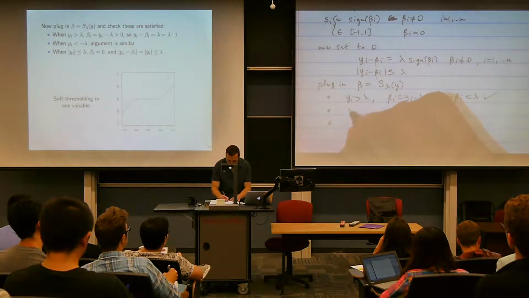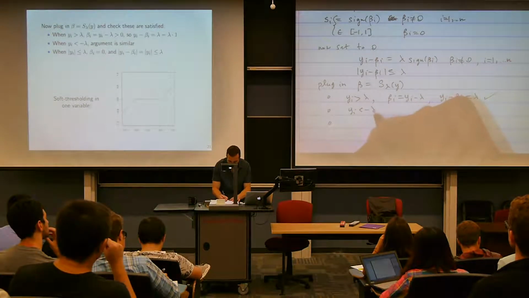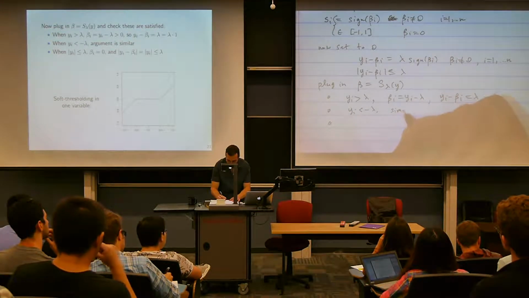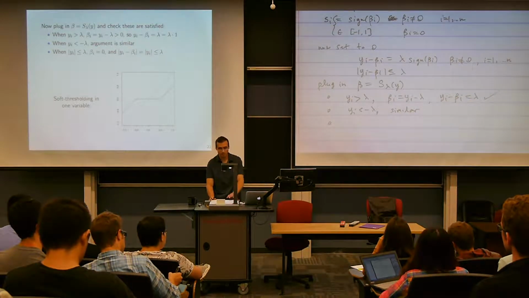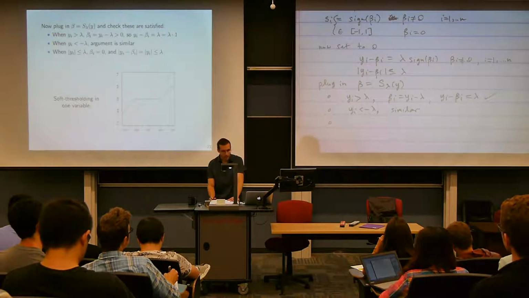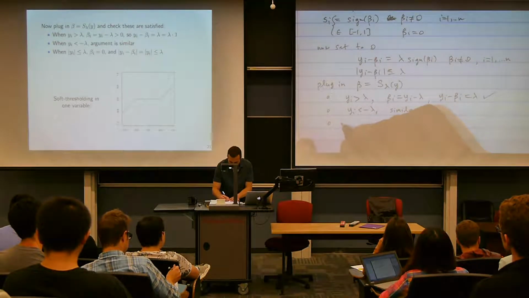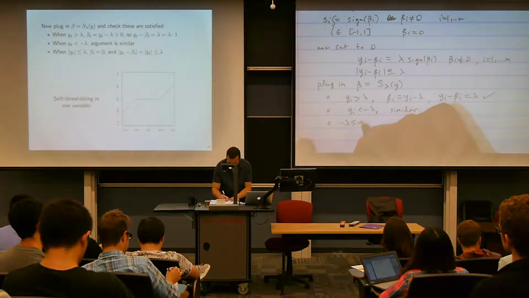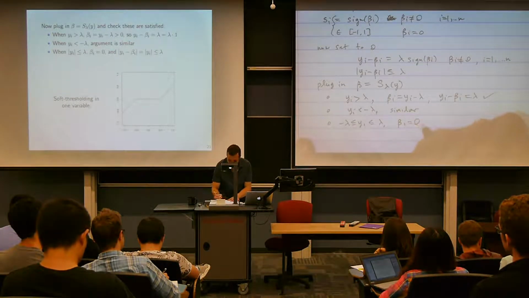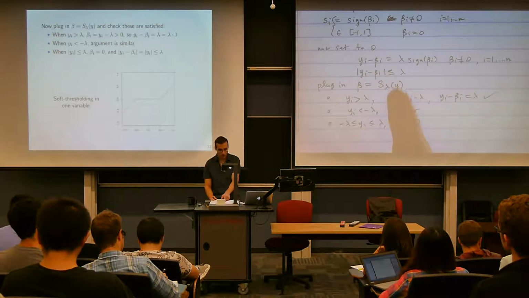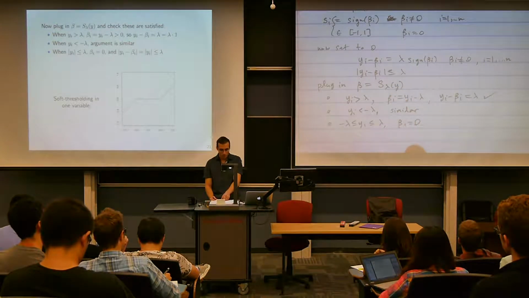When yi is less than minus lambda, I'll just say it's similar. A similar argument gives you the same check holding. And when yi is between minus lambda and lambda, then beta I is 0, by definition of the soft thresholding operator.